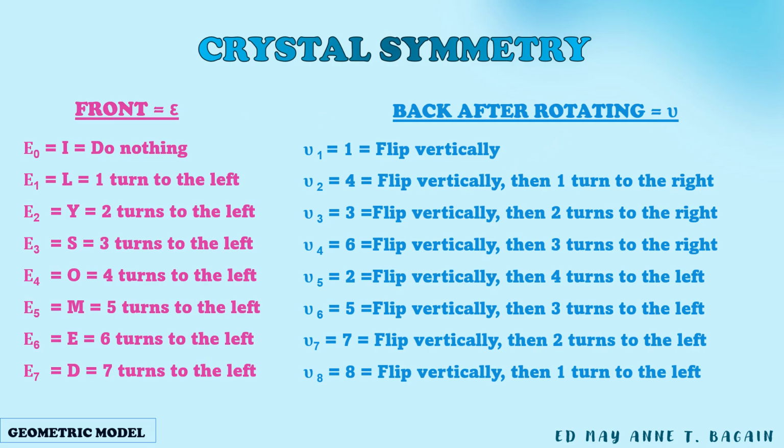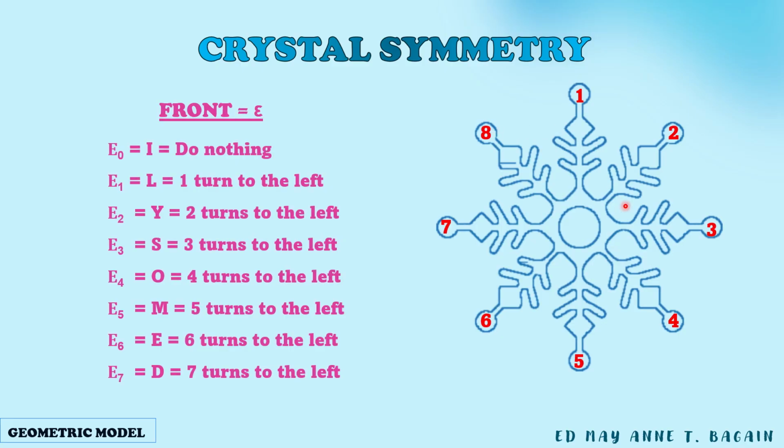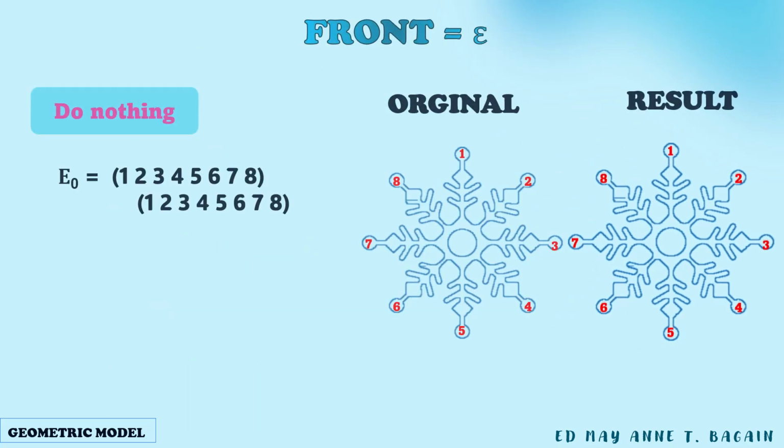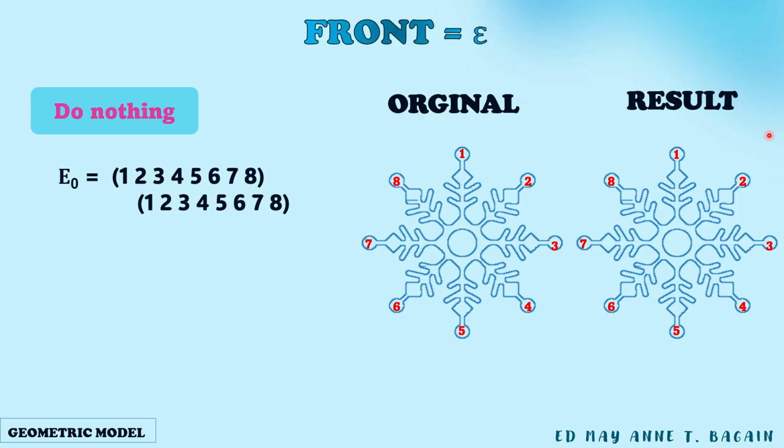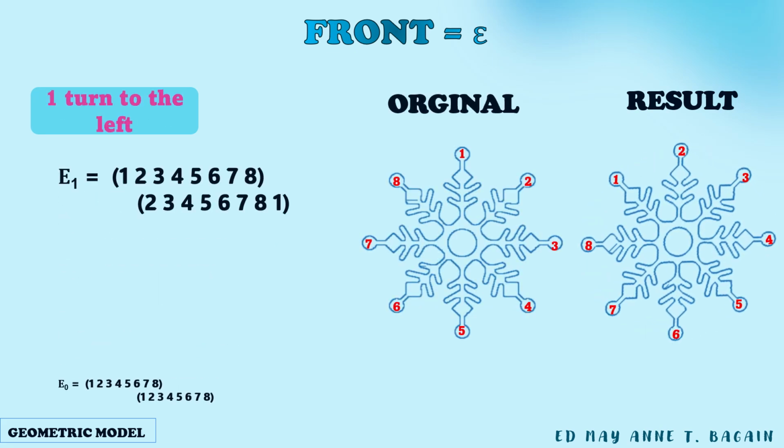Okay, so now let's check. 1, 2, 3, 4, 5, 6, 7, 8 would be the original of the front. So instead of ILYSOMED, it will be 1, 2, 3, 4, 5, 6, 7, and 8 for front. So as we can see, we have here do nothing. So the original result will still be the same because it is epsilon sub 0. So do nothing times do nothing, we have do nothing. And then this one, as we can see, it rotated one turn to the left.